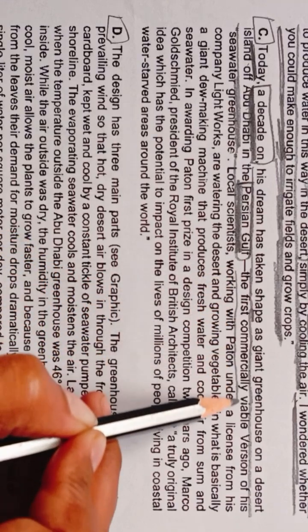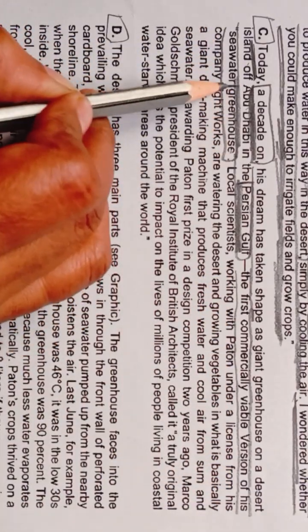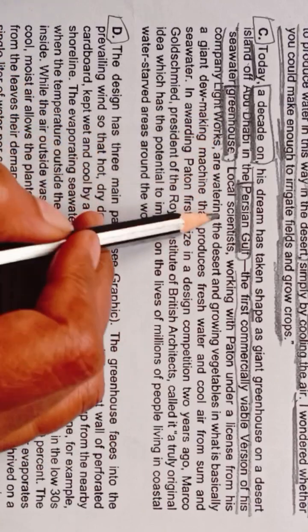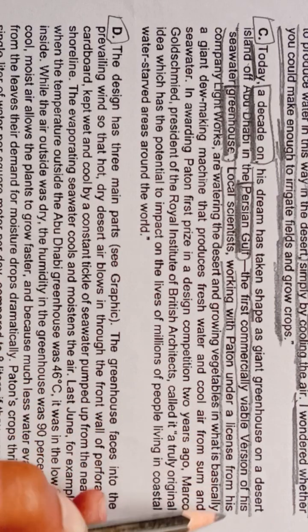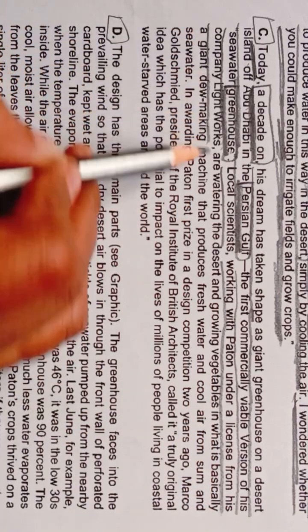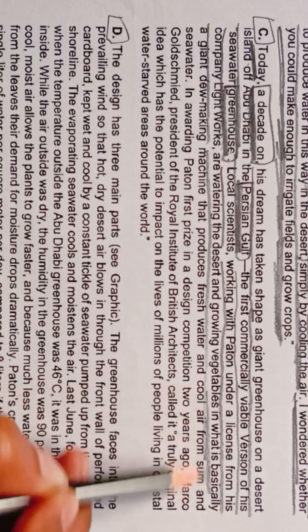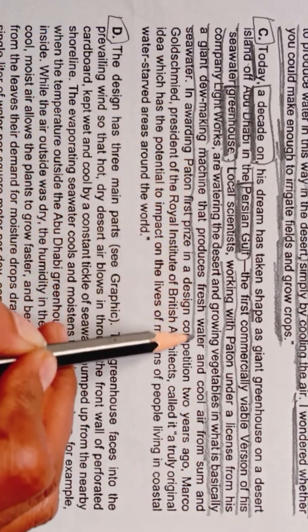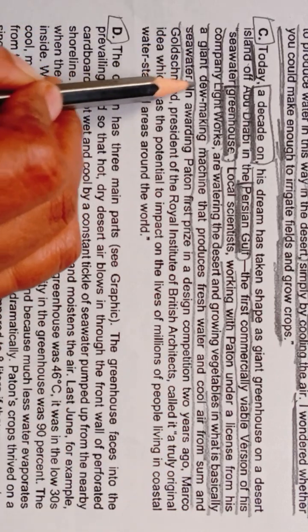The first commercially viable version of his seawater greenhouse. Greenhouse, our keyword. Local scientists working with Patton under a license from his company Lightworks are watering the desert and growing vegetables in what is basically a giant dew-making machine that produces fresh water and cool air from sun and sea water.